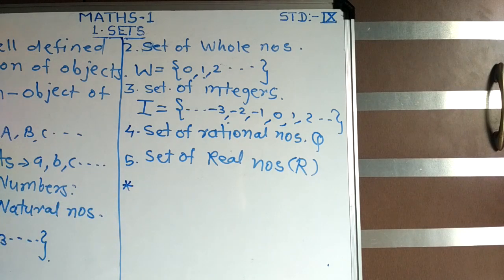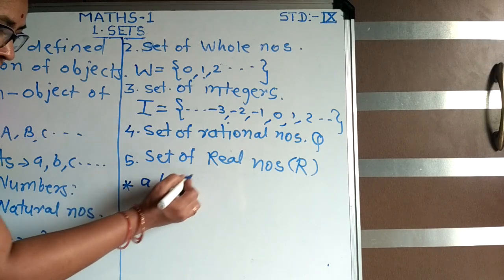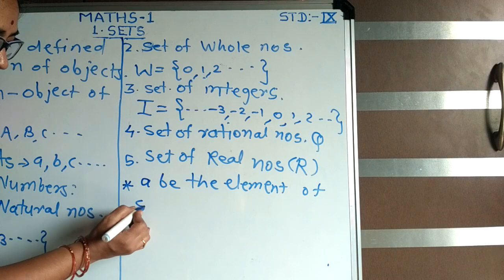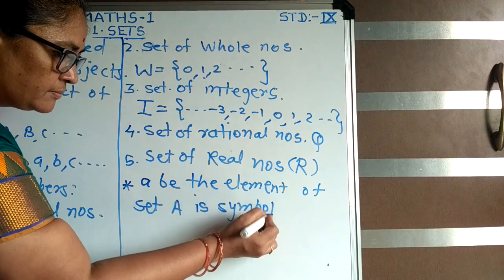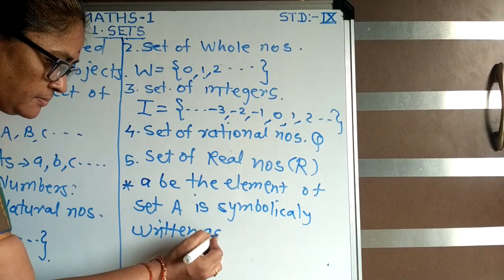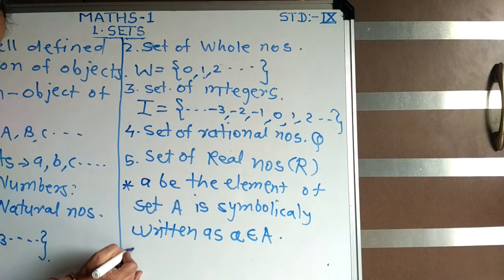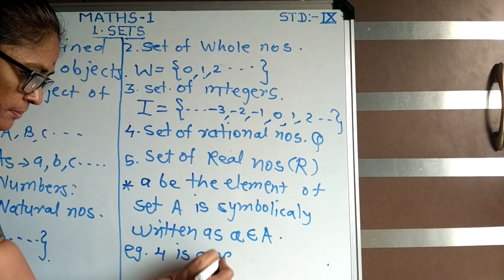You studied the set of natural numbers; you know 1, 2, 3 are the elements of set N. An element of a set, let a be an element of set A, is symbolically written as a belongs to capital A. For example, 4 is a natural number.